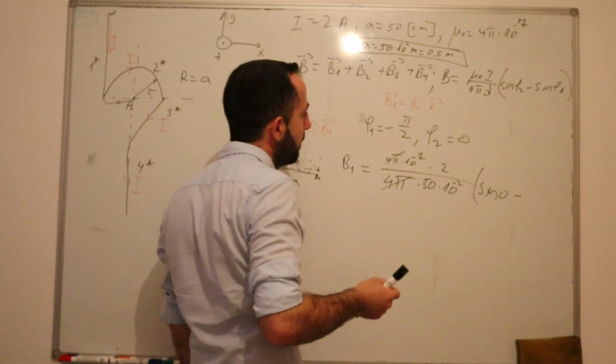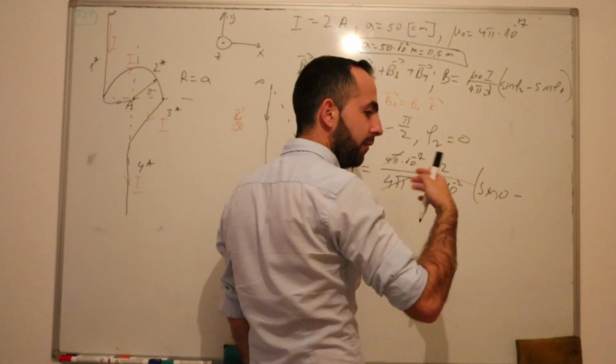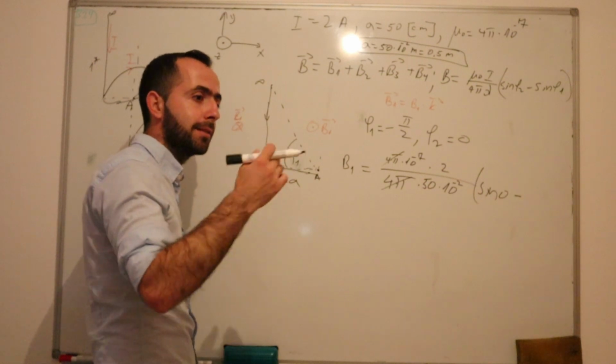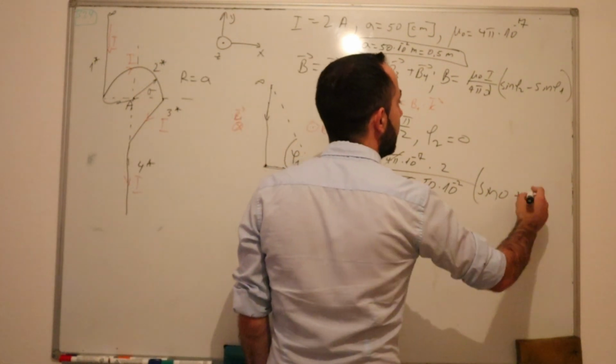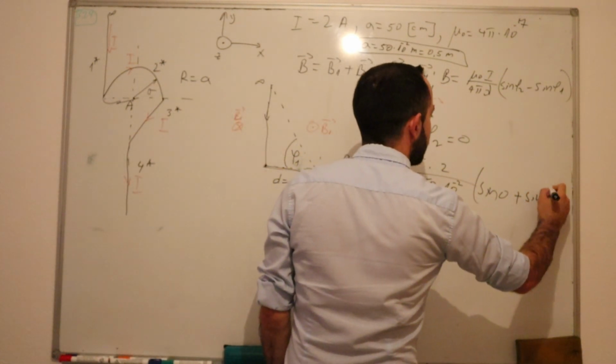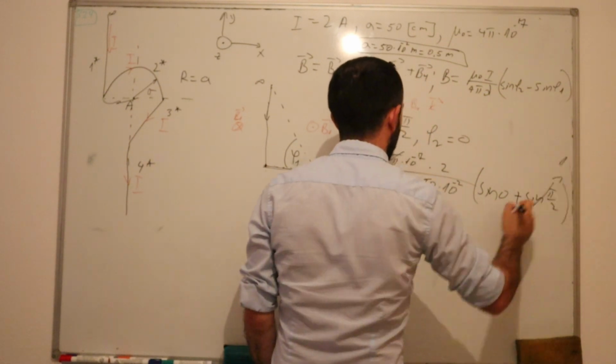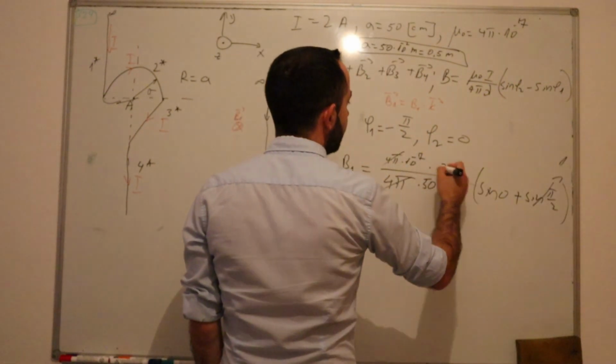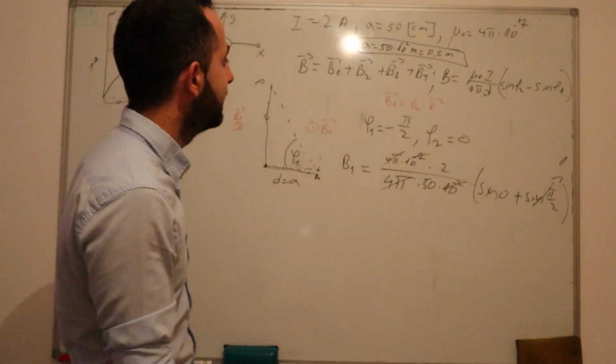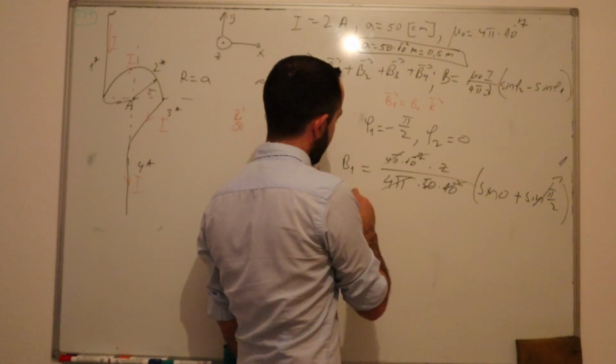Let's once again remember that the sine of a negative angle is minus sine of the positive angle, so it would be plus sine of π/2. This is 1. This and this we can divide. This and this we can divide.